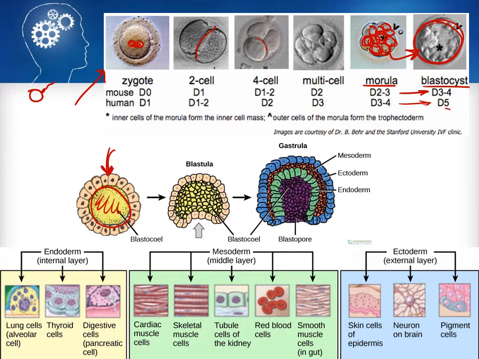The empty space in the middle is known as the blastocoel. What's kind of cool is that the cells will start to divot into the blastocoel. At this point, it's known as not a blastocyst, but a blastula, and then that divot is going to start to grow extra layers of cells, and now we have the gastrula.